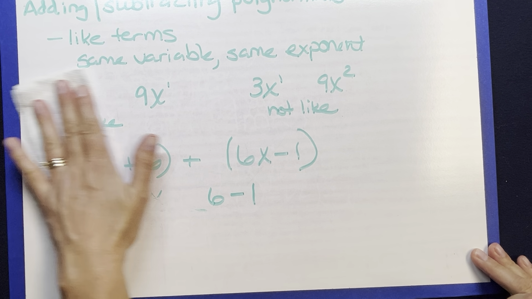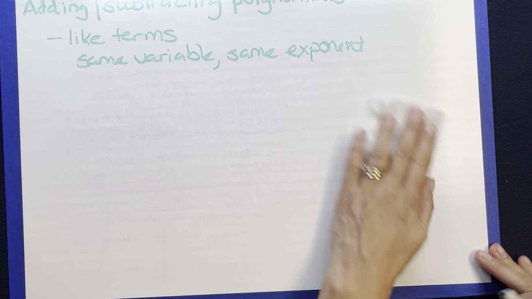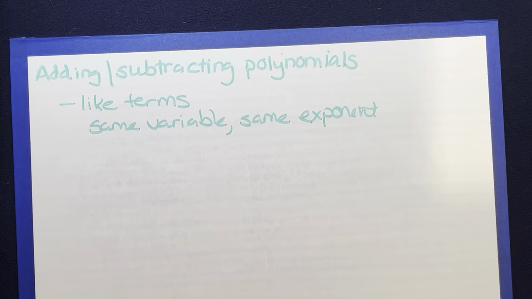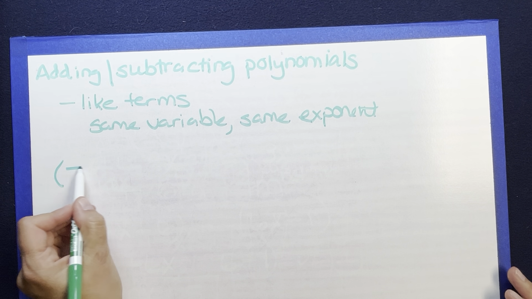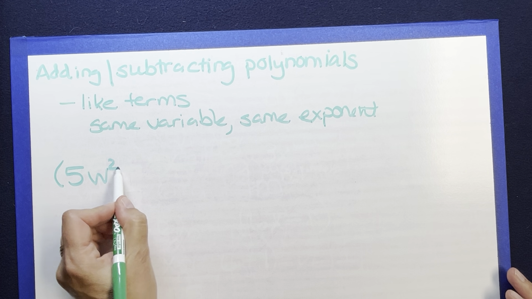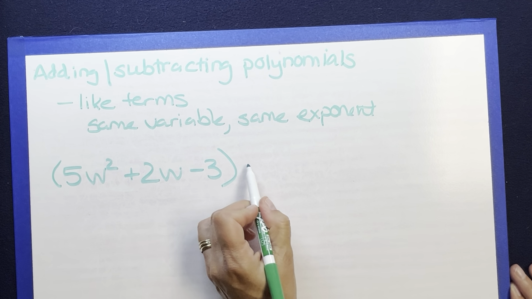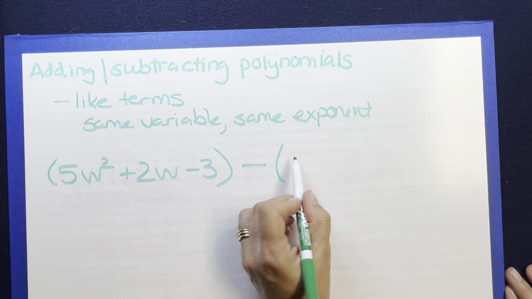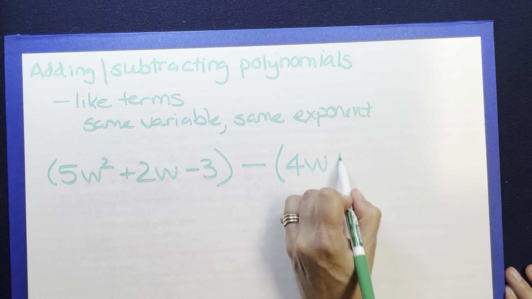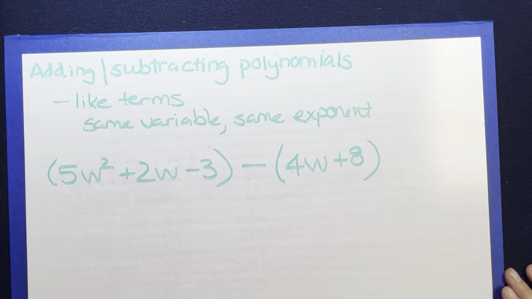Let's try another one that has slightly different types of polynomials. So 5w squared plus 2w minus 3. Then I'm going to subtract a binomial 4w plus 8.